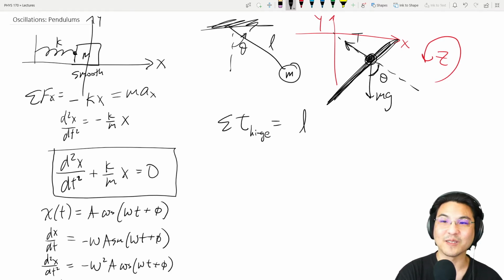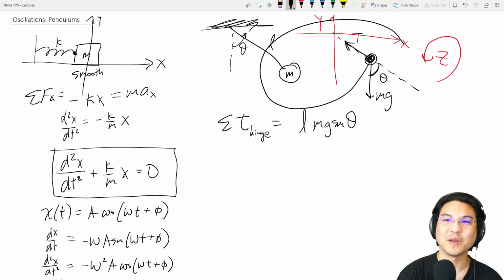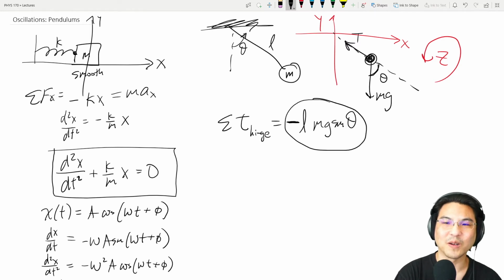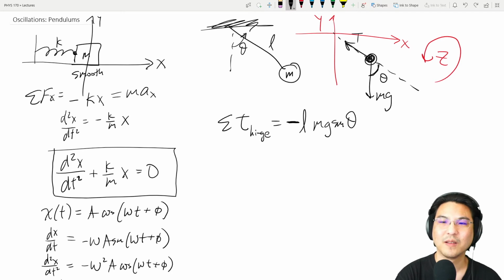And so you see how that's opposite the angle? So that would be mg sine theta. And this torque would go this way in the clockwise direction, which is actually in the negative z. So this should be a minus sign right here. Okay, so this is the torque by the weight about that hinge. And then there's no torque from the tension, because see how that line of action is going right through that point.